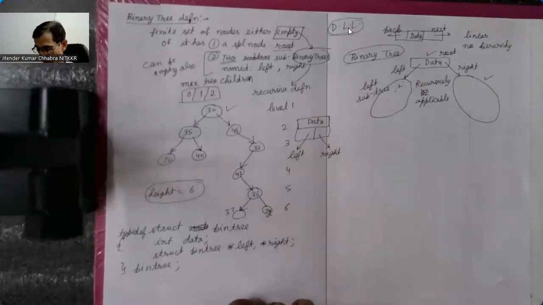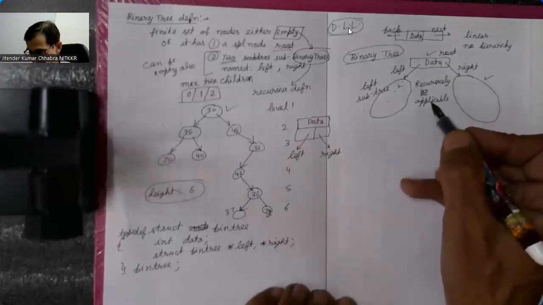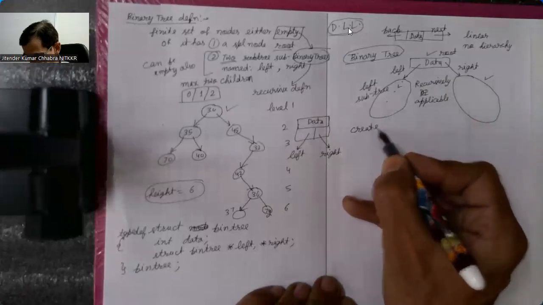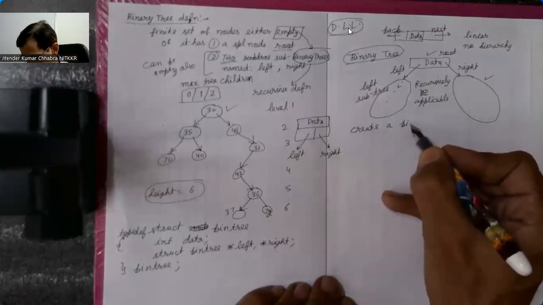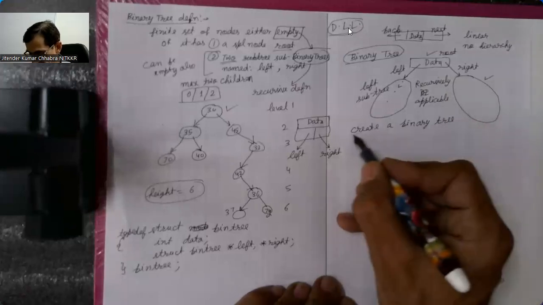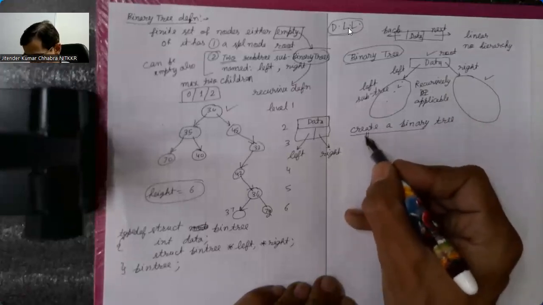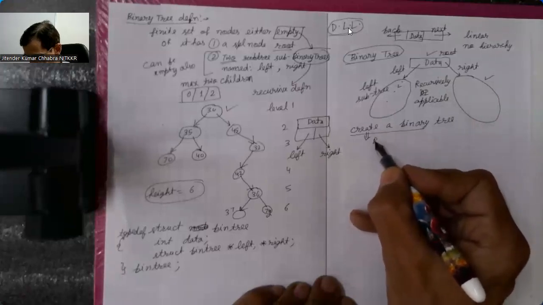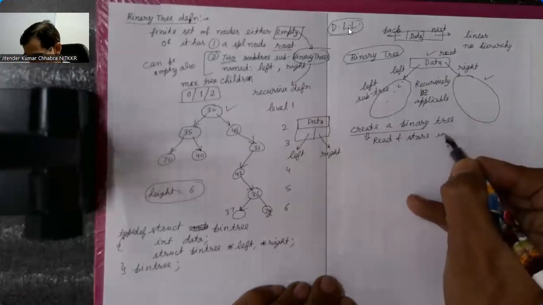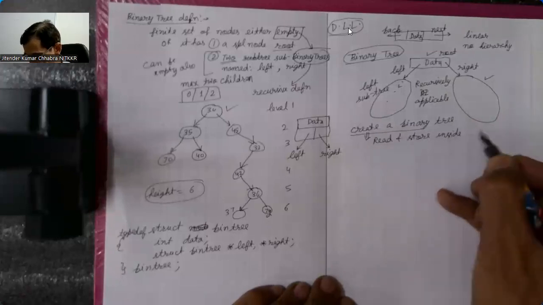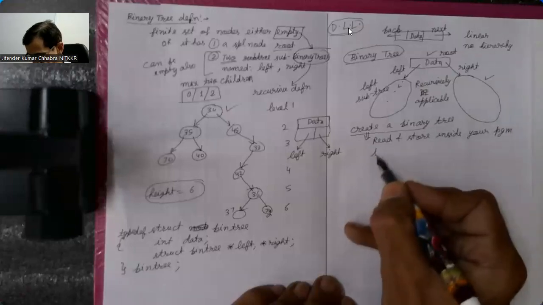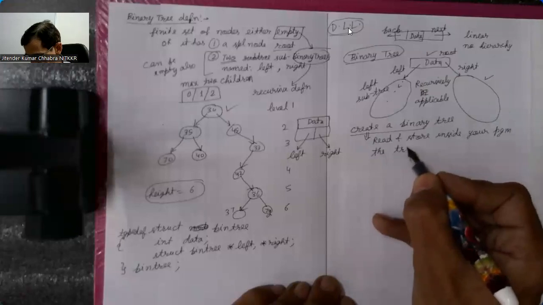For example, now I say the first work will always be, let's say, create a binary tree. So the question is how to create it. I mean that my aim is to read and store inside your program the tree which I have drawn on paper.